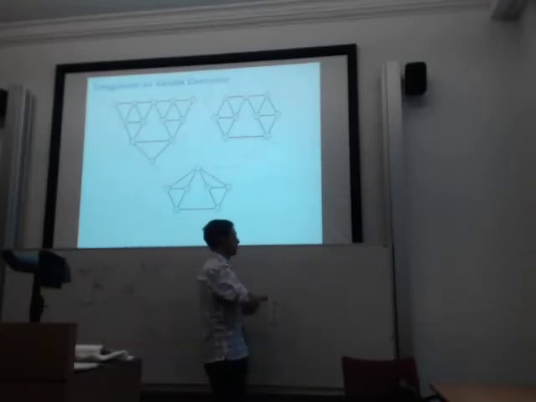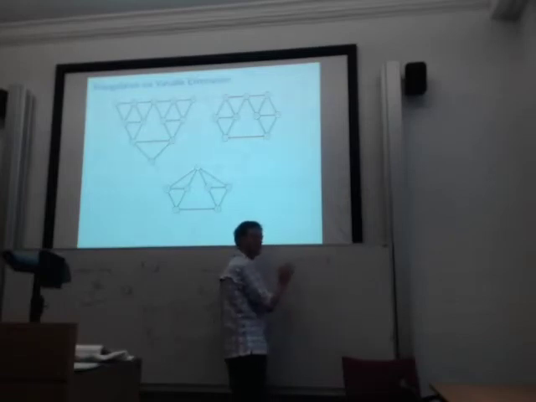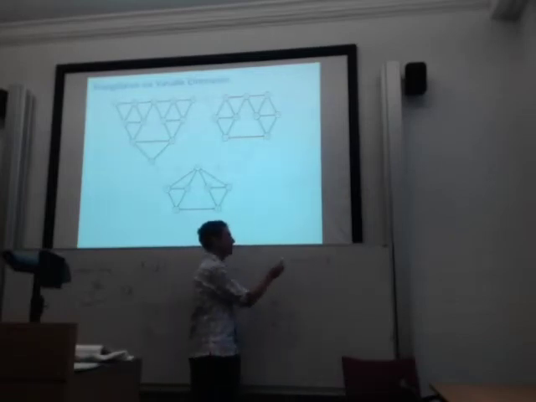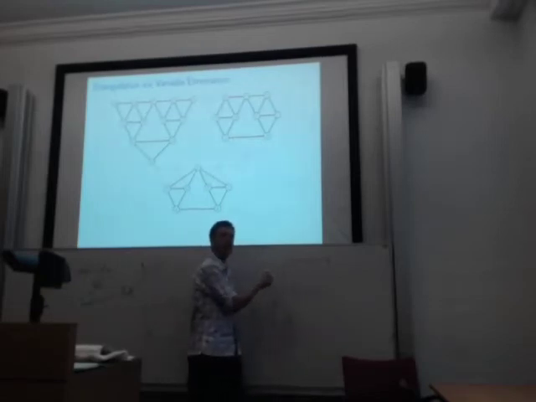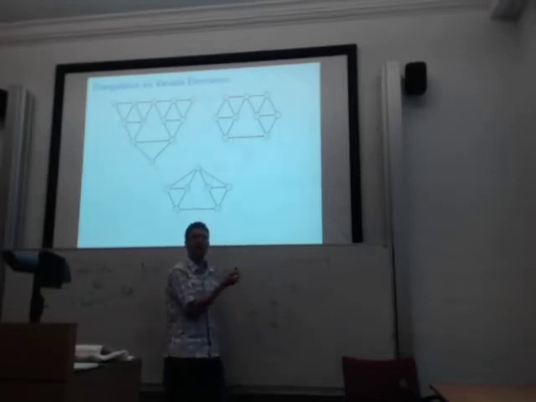So this graph is not triangulated because there is a loop of length 4 with no shortcut. There's no chord. That's why triangulated graphs are also called chordal graphs by mathematicians.